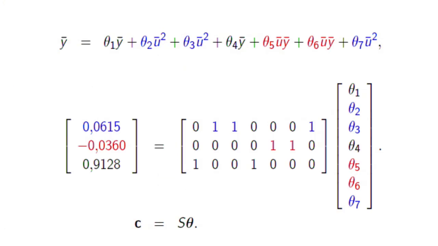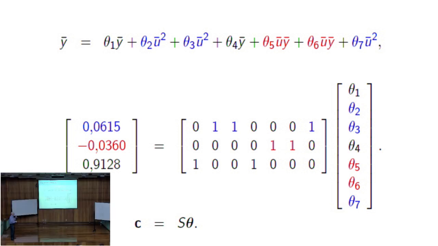So actually, I can build the constraints in this format, and you remember why. If you don't, I'll remind you very soon. But let me just convince you that those constraints are actually these. So if you take the second, third, and seventh parameter, blue, blue, blue, second, third, seventh, you add them up, you must have 0.0615.